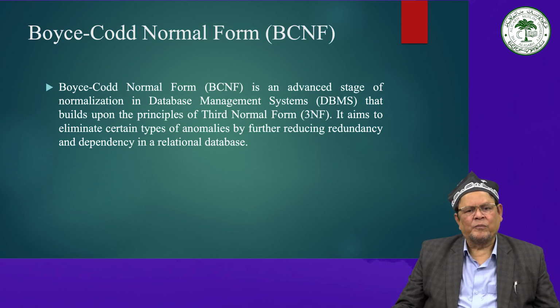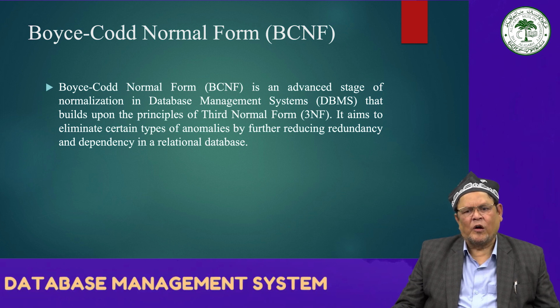Boyce-Codd normal form. BCNF is an advanced stage of normalization in database management systems that builds upon the principles of third normal form. It aims to eliminate certain types of anomalies by further reducing redundancies and dependencies in a relational database.